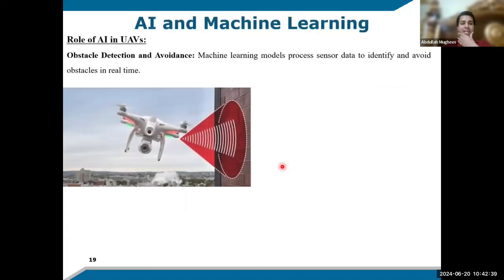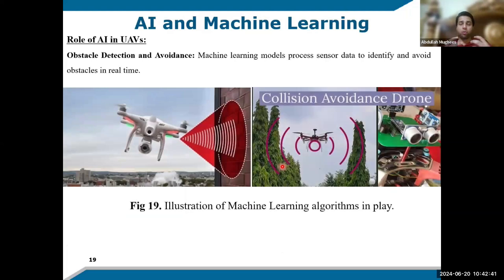So how it works is, for example, there exist 100 drones, and we don't want them to collide with each other. What we do is install some distance sensors. For example, this is a very basic and cheap ultrasonic sensor. There are advanced lidar sensors, which are a good option to detect the distance.